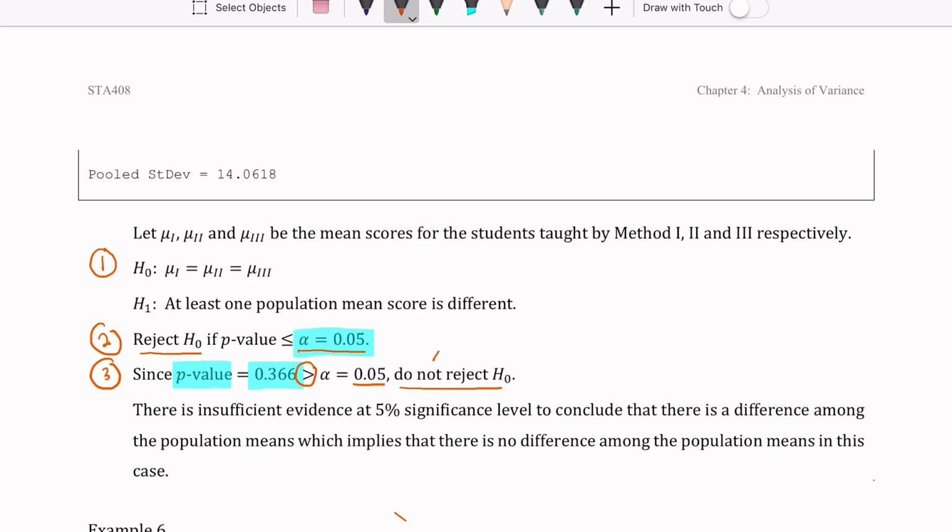So this is your step number 4, your decision. And last one, step number 5. Since you do not reject H0, then there is insufficient evidence at 5% significant level to conclude the alternative hypothesis.